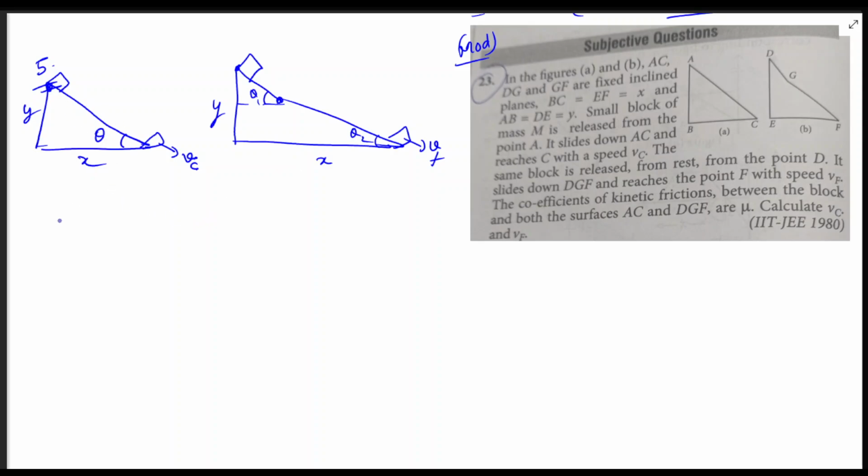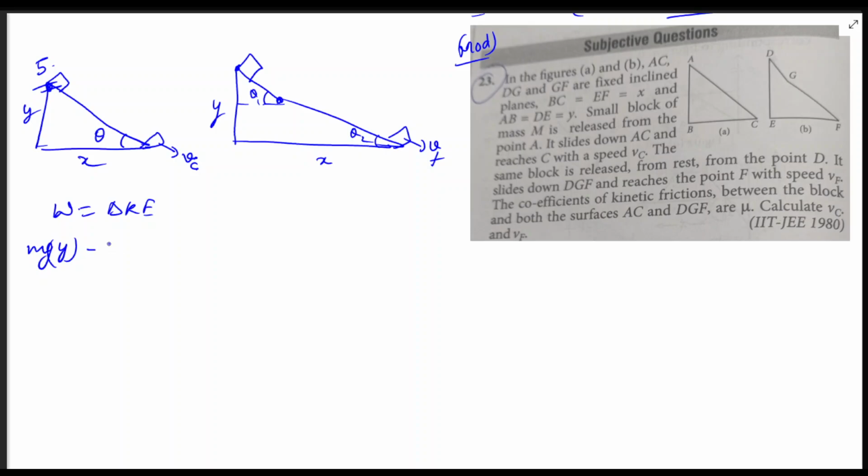So for the first, work done is the change in kinetic energy, right? Work done by gravity will be mgy, simply mgy, because it is going in the vertical direction and the displacement in the vertical direction is y.